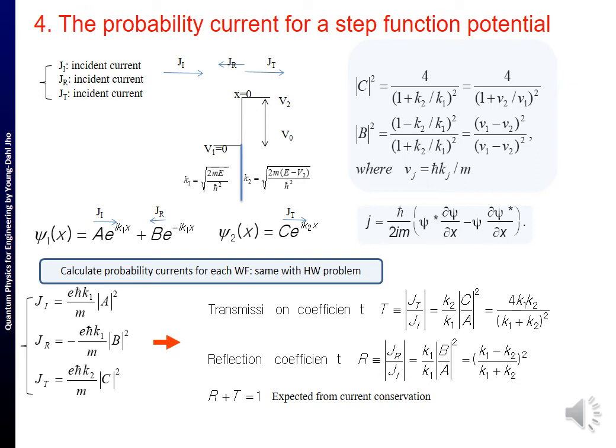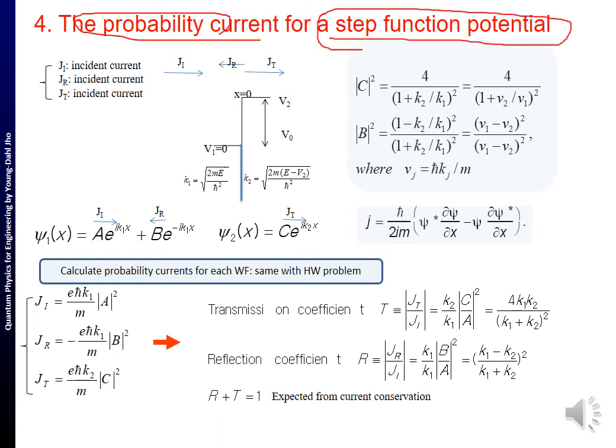The next topic is probability current. We apply that idea for a step function potential. So we have J_I, incident current, we have J_R. It is not incident current, right? Reflected current actually.